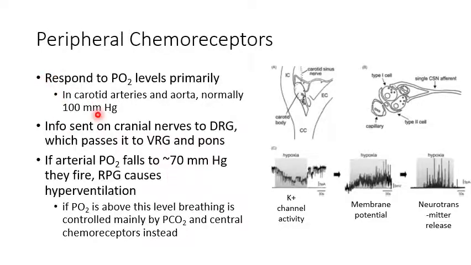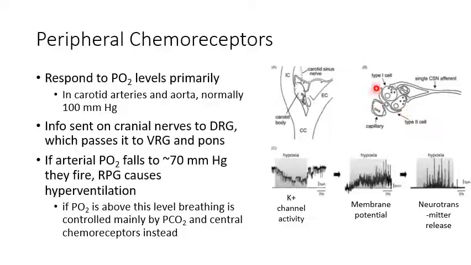Anytime it's around normal, 100, these chemoreceptors are not going to be active, and they're not being used to control your breathing. In that case, it's the central chemoreceptors that are used. It's only if your oxygen levels fall enough that the peripheral chemoreceptors will take over. This image is just showing, here's the carotid body. Here you would have nerves coming out of that and going into the brain.